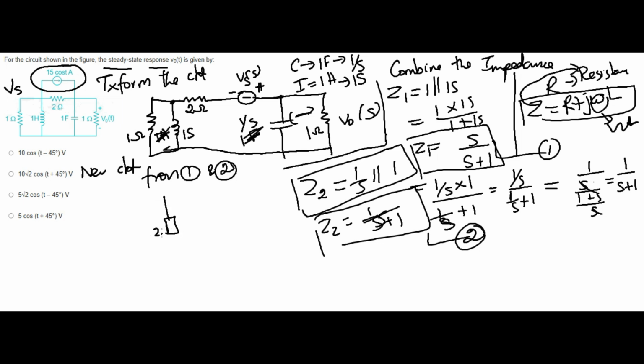Here I have Z1, because this section completely goes to Z1, then the 2 ohm as usual, and the voltage minus plus, Vs of S. Then the final section becomes Z2, and here the voltage is V0 of S.